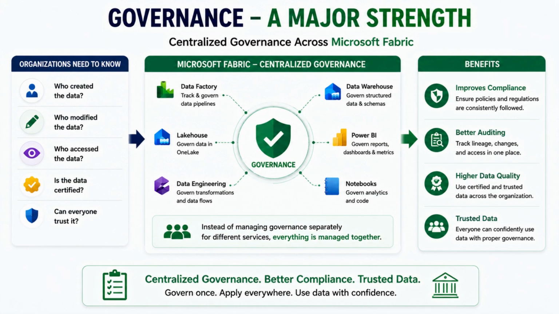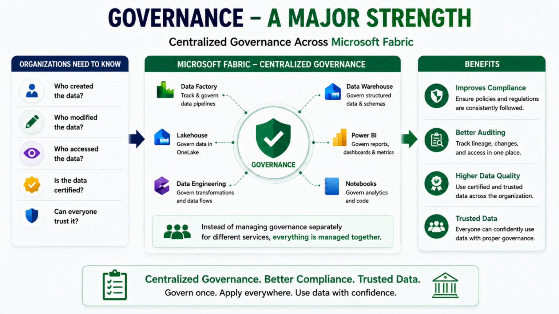Now let's understand what is meant by governance, because our security model improves governance. Data governance is also managed in only one place. Governance is another major strength of Microsoft Fabric. Organizations need to know who created the data, who modified it, who accessed it, is the data certified, can everyone trust it?